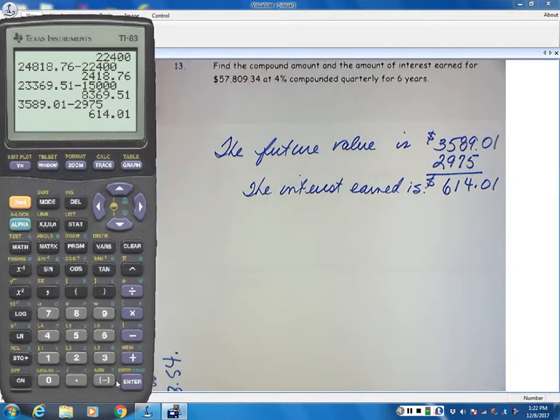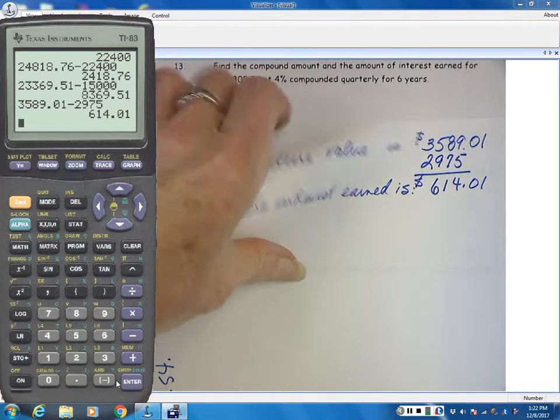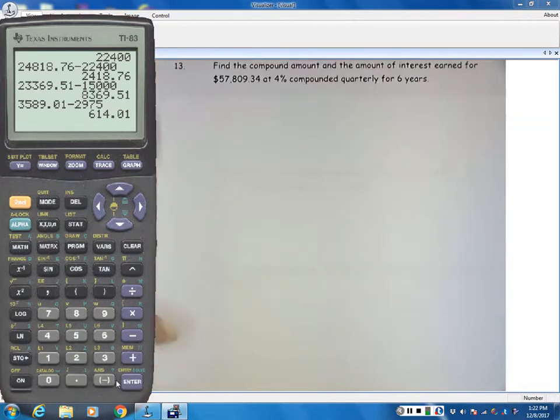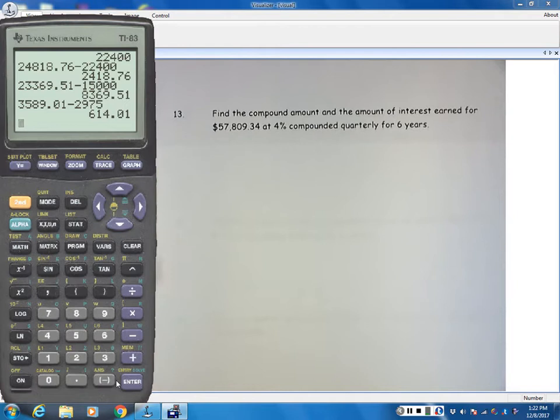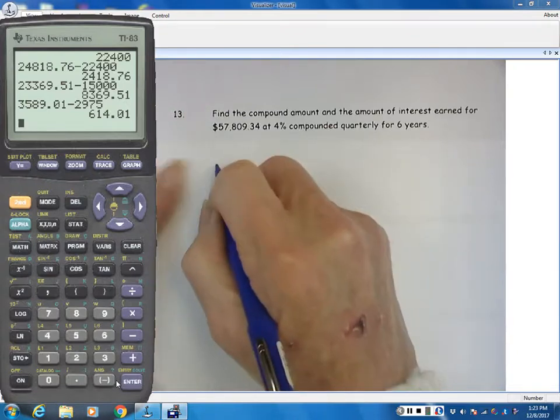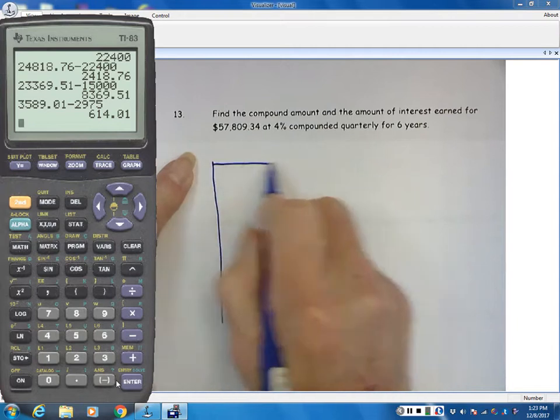Okay, let's go to number 13. Says find the compound amount and the amount of interest earned for $57,809.34 at 4% compounded quarterly for 6 years. So that is actually then the present value because there was no payment mentioned.